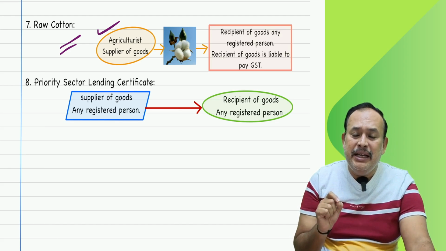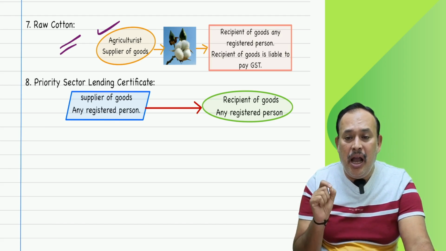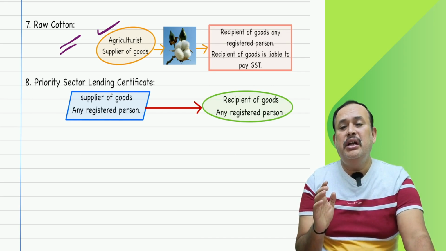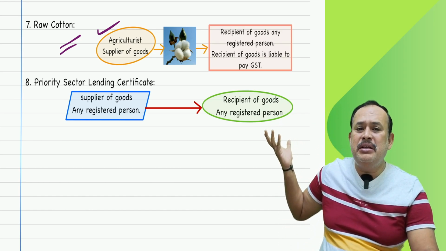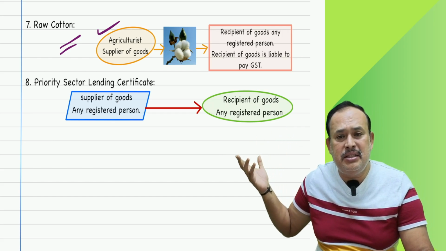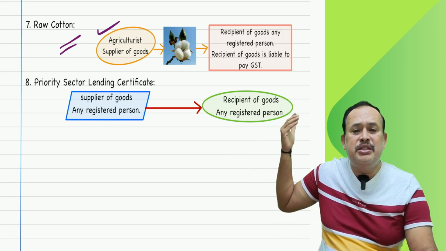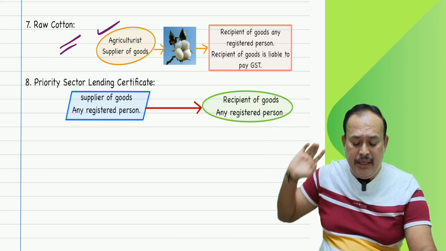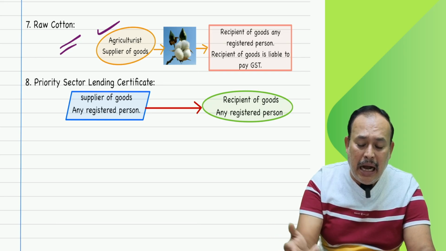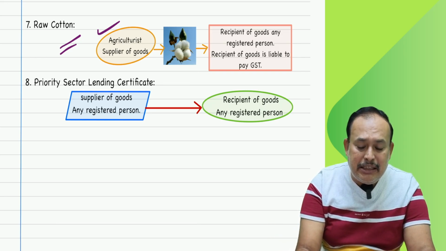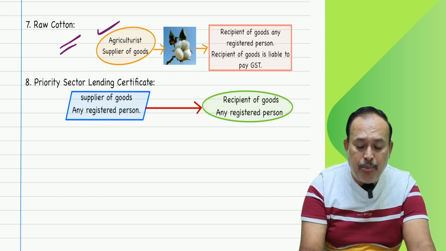The agriculturalist must be an individual, at most a HUF. It cannot be a corporate company. Therefore, in the given case, when RCM applies, raw cotton is supplied by an agriculturalist to a recipient who is a registered person, the recipient liable to pay GST. So, in that case, my dear sir, I am presenting now just by changing the X Limited into agriculturalist. Now, the given example, I am instantaneously preparing the example in front of you.